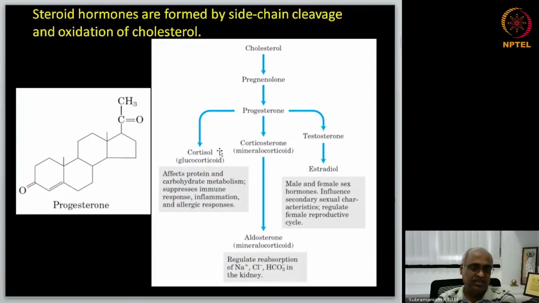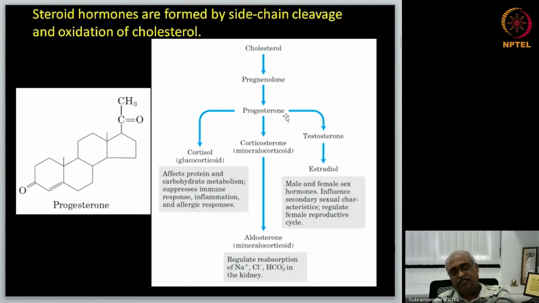So these are important hormones. And you need to remember the amount of cholesterol needed to produce these steroid hormones is extremely low, because these hormones act at extremely low concentrations. So the cholesterol flowing through this pathway is really negligible compared to the cholesterol that goes to the membrane or into bile acids and bile salt production.